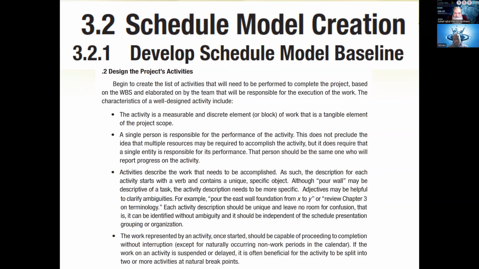If the work of an activity is suspended or delayed, it is possible, although it is not advisable, due to certain reasons. This activity which we started has been suspended or delayed. It is often beneficial for the activity to be split into two or more activities at natural break points.